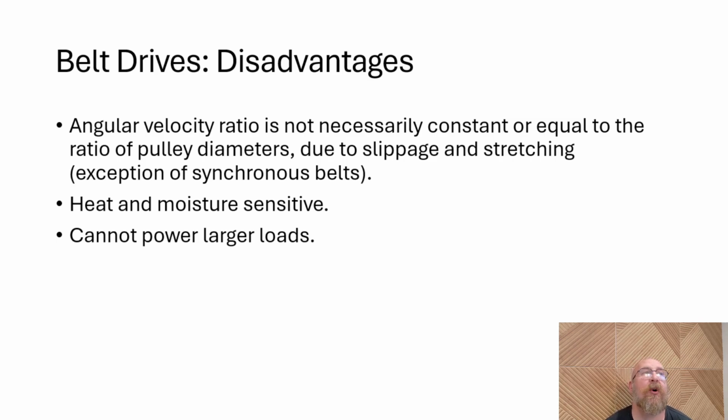And they can't power larger loads, because it will essentially cause the belt to slip. You can add more friction into the system, but that friction, in essence, adds less efficiency. You're transferring less of the power through. So it's not really great for big loads. It's okay for small loads.